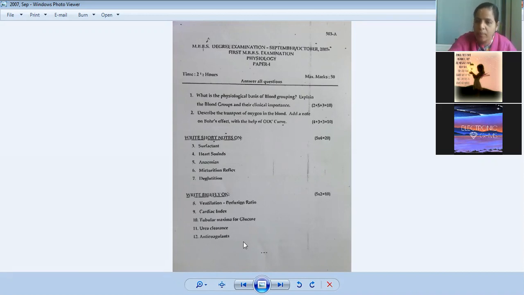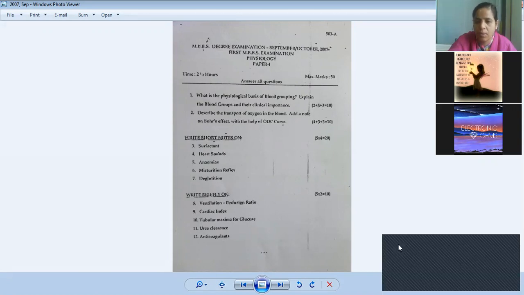Anticoagulants, Hema. Can you name them? Very easy only, no? Heparin is a natural anticoagulant. Then we have heparin, EDTA, sodium citrate.